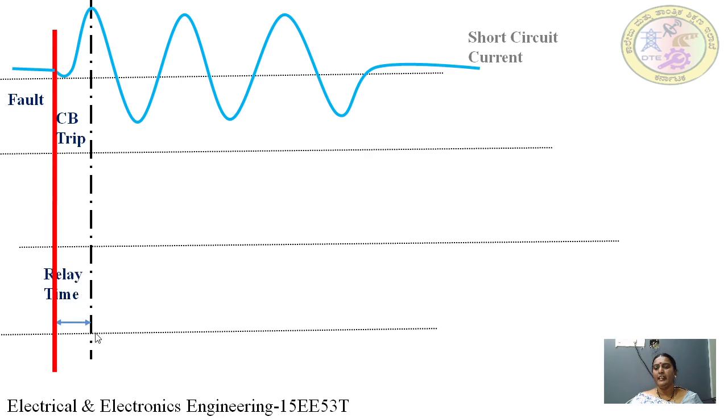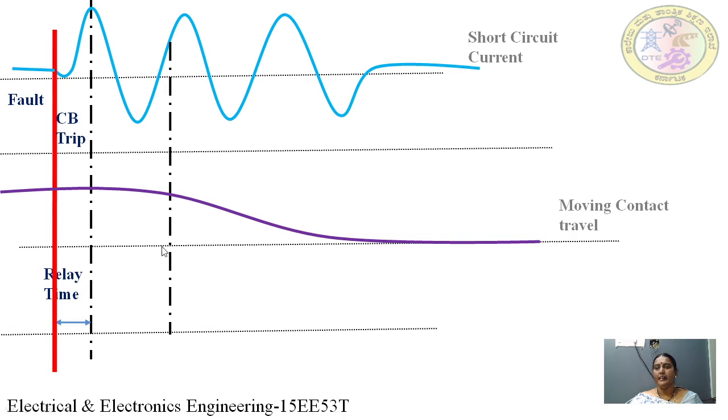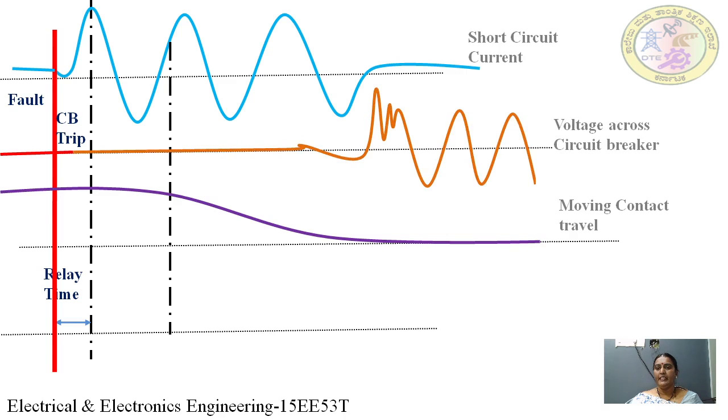When the relay gets a trip signal, the circuit breaker takes the signal from the relay. Because of that, the circuit breaker starts opening at that time.